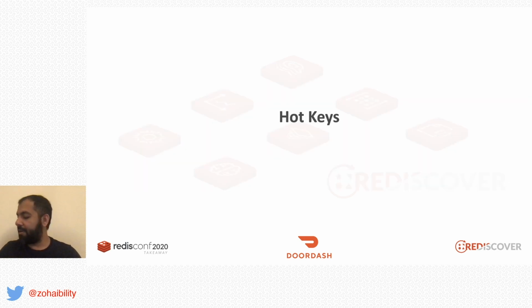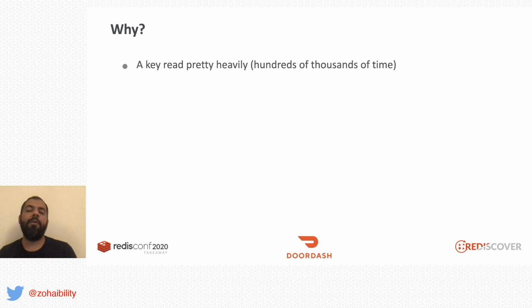Let's talk about hotkeys, and it's one of those topics that come up pretty significantly. So what is a hotkey? I guess most of you would already know. For those who don't know, a hotkey is where you have shards, or different partitions in the case of Redis, and one of the partitions is hot due to one key or a few keys being read from the same partition again and again.